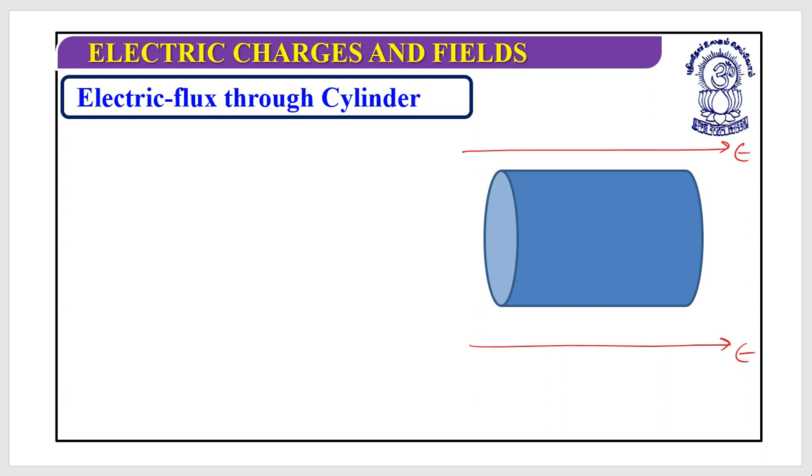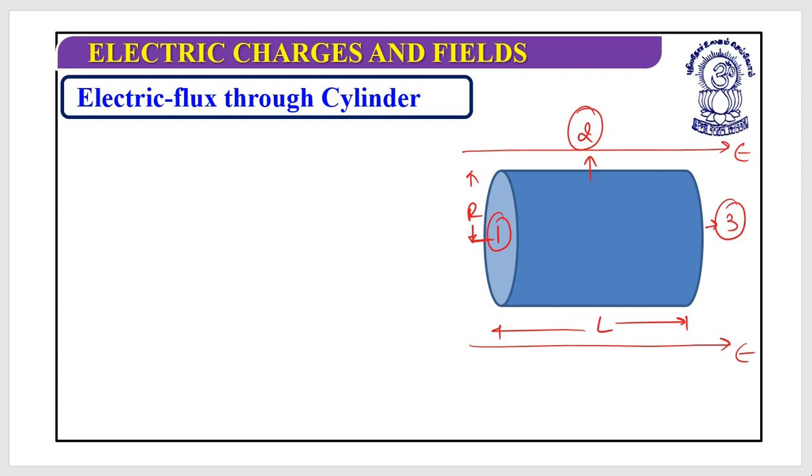First I need to calculate the number of surfaces this body possesses. So if I number this, this is the first disk, this curved surface is the second surface, and one more disk would be at this place. Let's say this cylinder has a radius r and a length l, and I need to find the total flux.